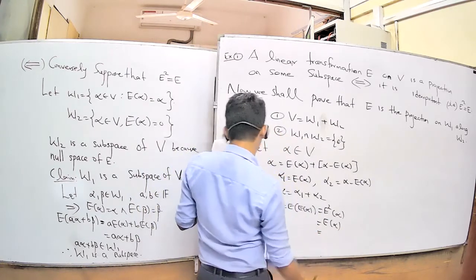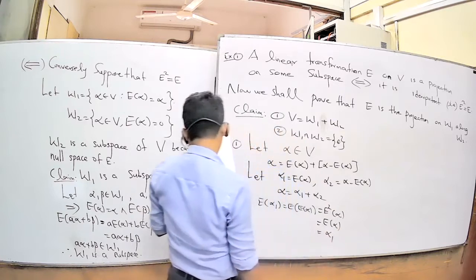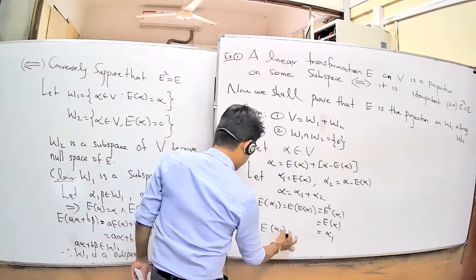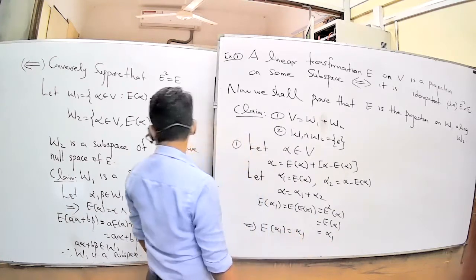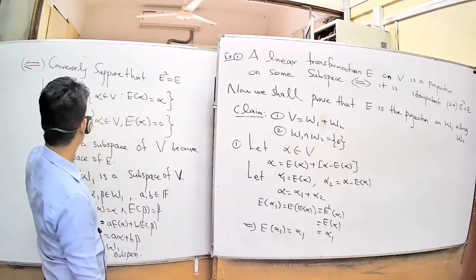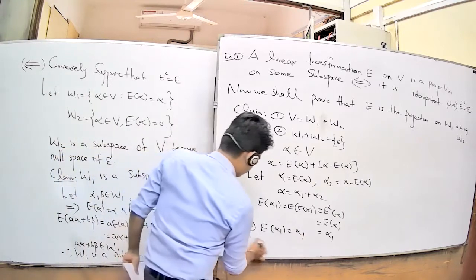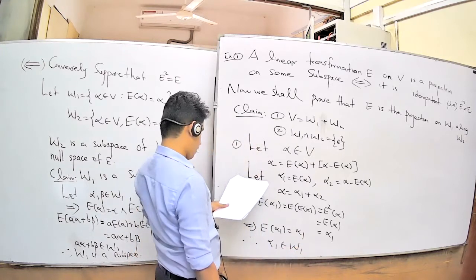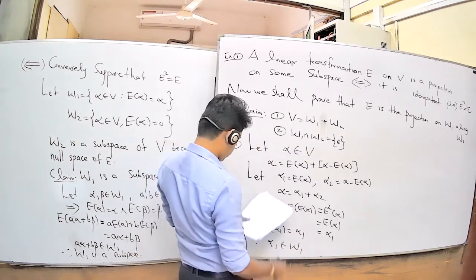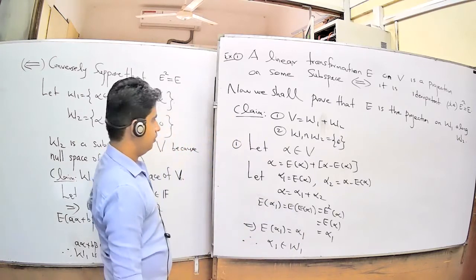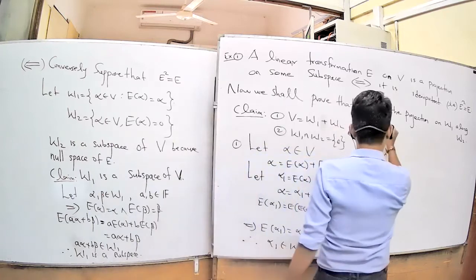Now we have E alpha 1 equal alpha 1, which means alpha 1 belongs to W1. Now we want to show that alpha 2 belongs to W2.